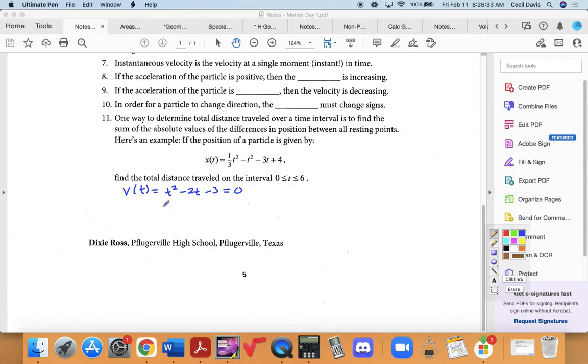Factoring that, that's t minus 3 times t plus 1 is equal to 0. So t is equal to 3, or t is equal to negative 1. We'll throw out the negative 1 because we're on an interval from 0 to 6.